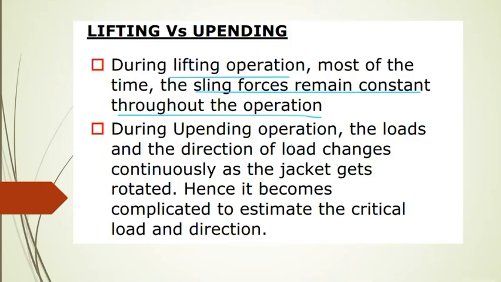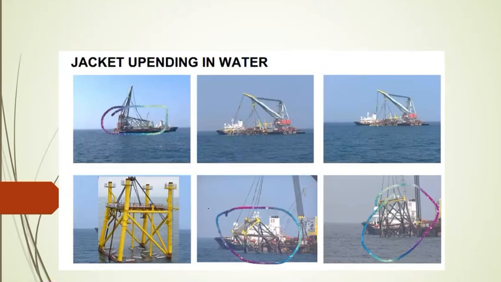But during the upending operation, the loads and the direction of load change continuously. They change continuously as the jacket gets rotated. Hence, it becomes complicated to estimate the critical load and direction. So most of the time, as you see here when it is entering, some slings will be in larger slack. Here you can see the slack of these slings clearly.